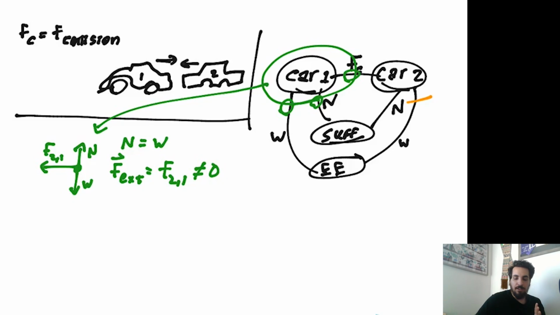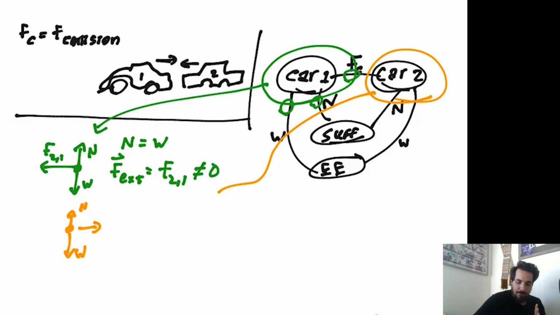Well, what about if we look at car 2? Car 2 would follow a similar problem: we would have the normal force, the weight, and the force of 1 on 2. We look at this, the normal force again cancels out the weight, and we have F external equaling F12, which again does not equal 0.